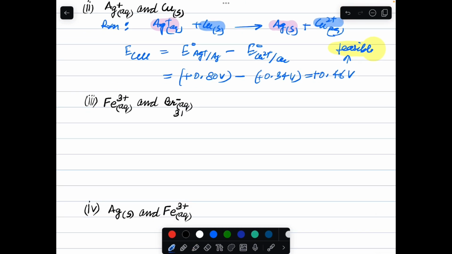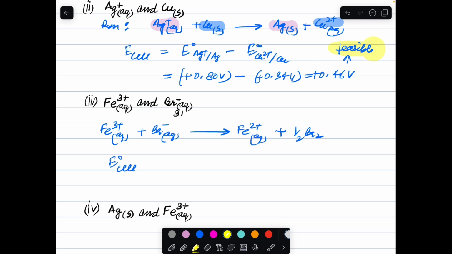Now the third one. In the third reaction we are having Fe3+ ion in the aqueous state, and we are having bromide ion again in the aqueous state, and you will be getting Fe2+ ion in the solution and bromine molecule Br2. So we will do in the same manner. E naught cell we will be calculating here again.